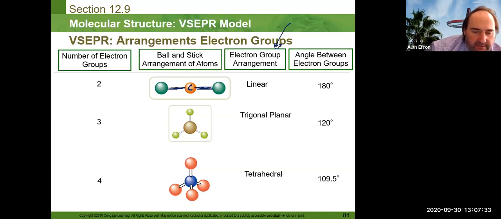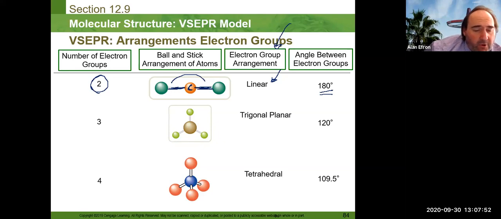Something with two electron pairs, the electron pair geometry name is linear. That means those electrons have moved as far apart as they can from each other, and it will have a bond angle of 180 degrees, basically a straight line, 180 degrees apart from each other.